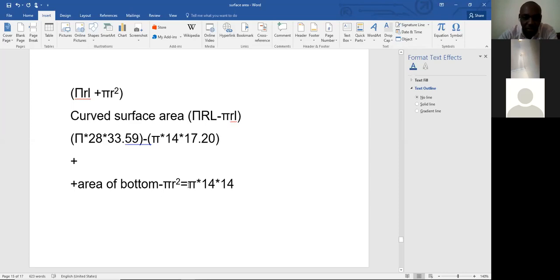The bottom is found by pi r squared. The radius is equal to 14 centimeters. So that one at home, you can solve that one by the end of the lesson. I can see some people are joining us here.